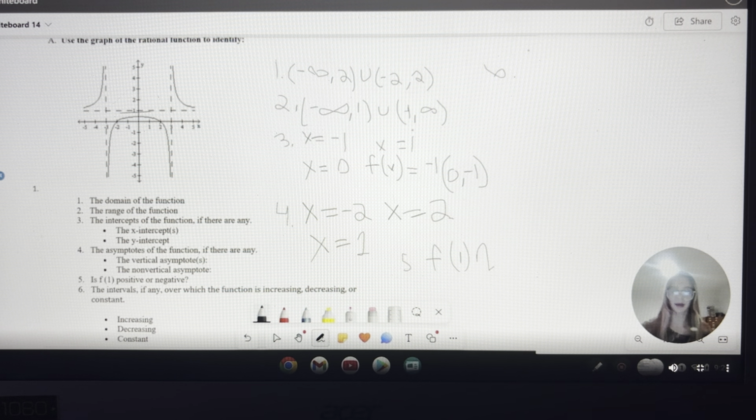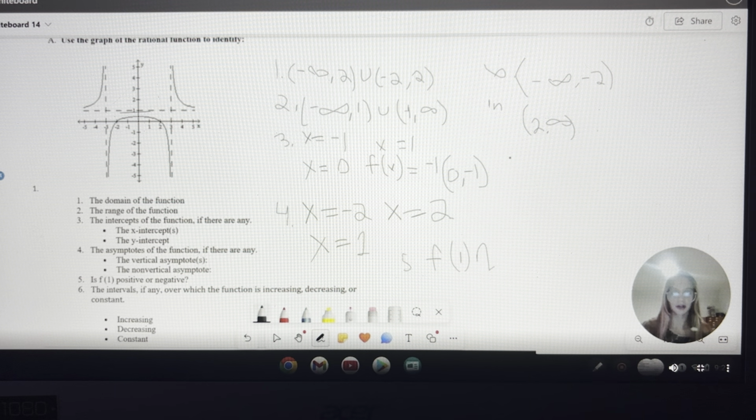I would say that it's increasing on negative infinity to -2, and also on 2 to infinity. That's the increasing.